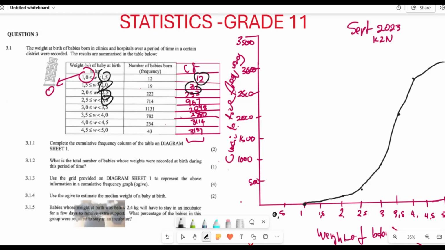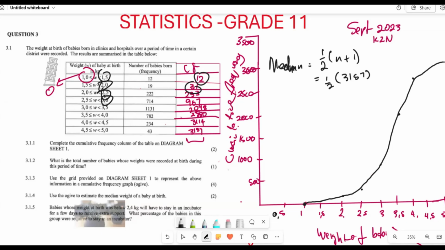Now, let's look at the next question. They say use the Ogive now to estimate the median. So the median of this data is going to be same as 1 over 2 into n plus 1, right? And what is n? This is 1 over 2 into 3157, if I'm not mistaken.